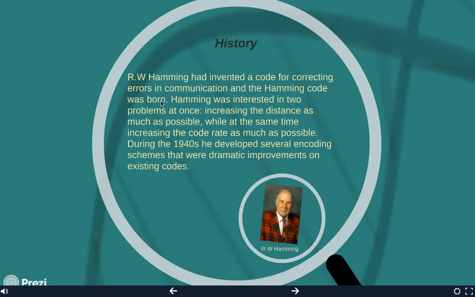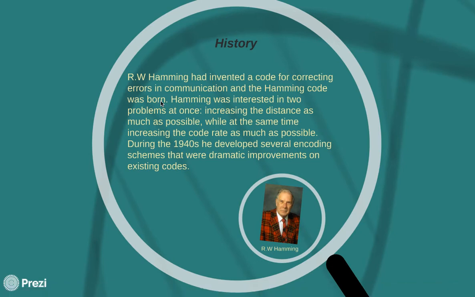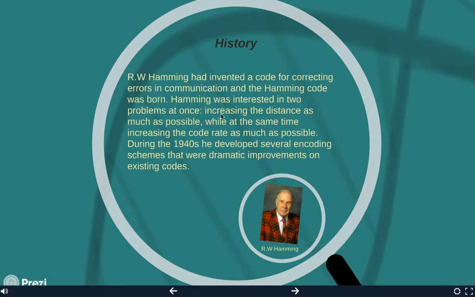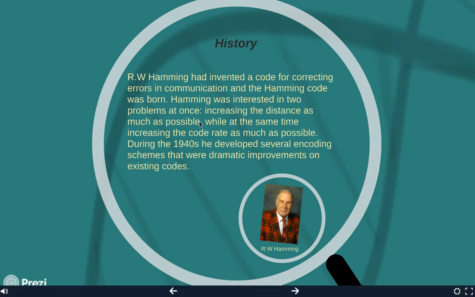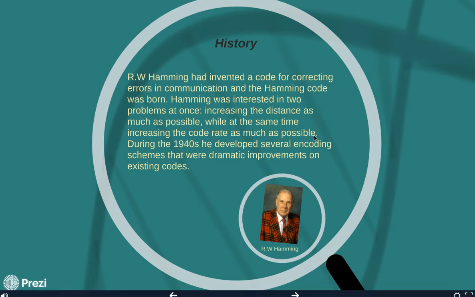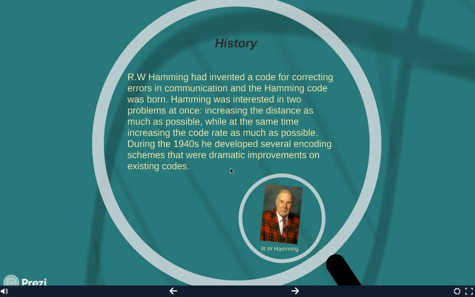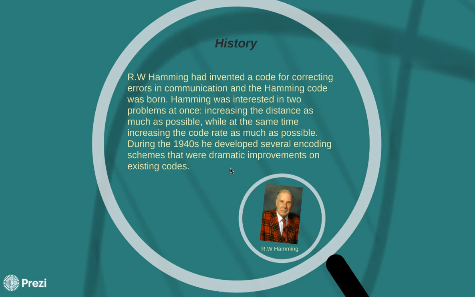At that time, there was error in communication, so he invented these codes, and he was interested in two problems: increasing the distance, which we will define later on, and increasing the code rate as much as possible. During the 1940s, he developed several encoding schemes that were a dramatic improvement on existing codes.